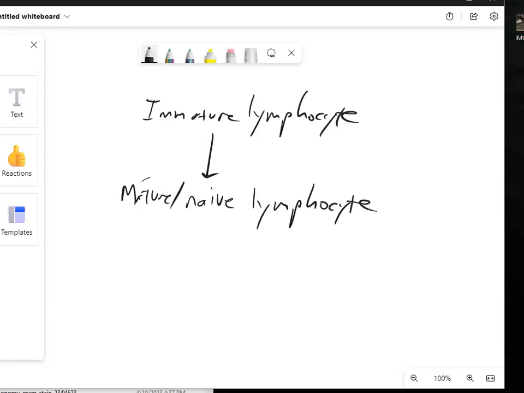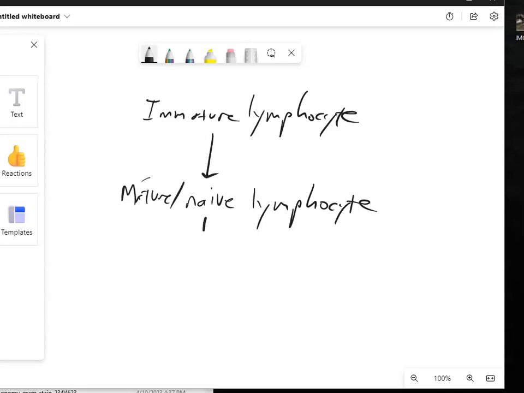Now you'll notice, if you watched all the videos, you have seen B cell development and T cell development. Both of those don't perfectly fit this because they're specific to those cells. This is the general development of any lymphocyte, and every lymphocyte follows this pattern with some specialties for B cells and T cells, as we will see.